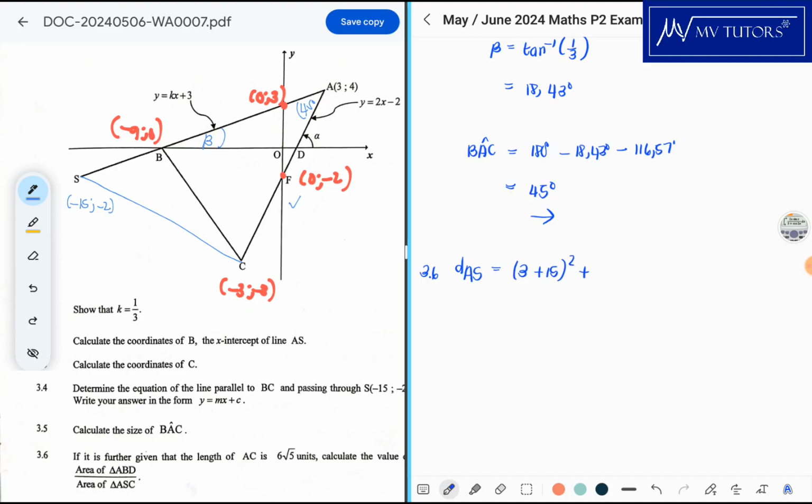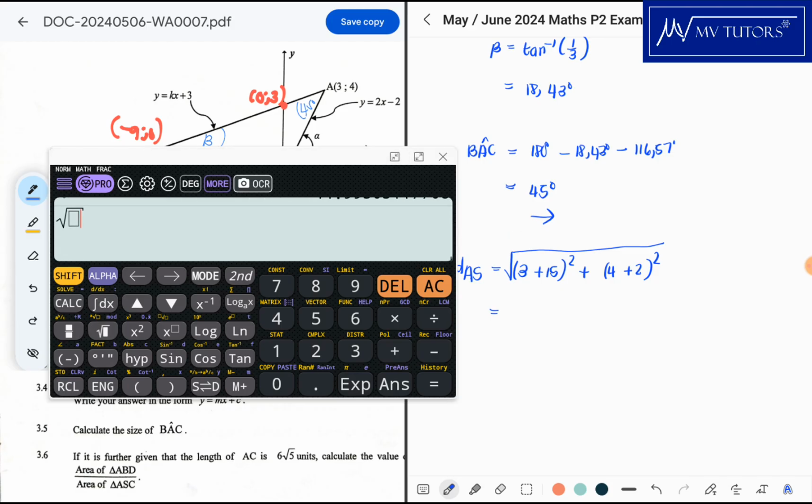And then the y coordinate of A is 4 minus 2, which is plus 2, and all of that is under the square root. I'm just going to put it as it is so that I don't waste time calculating. So I have 18 squared plus 6 squared. And the answer is 6 root 10.